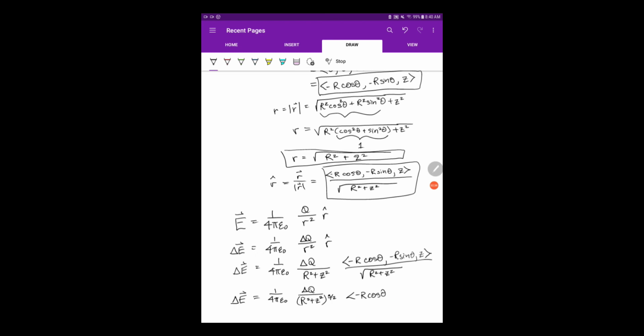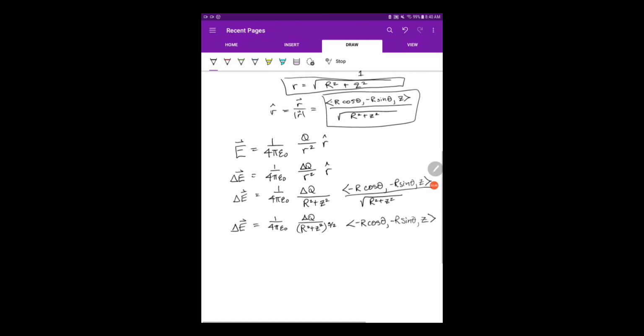One thing to keep in mind is that when you make that combination, you're no longer in a form where you have a unit vector on the right hand side, because we've combined that denominator.